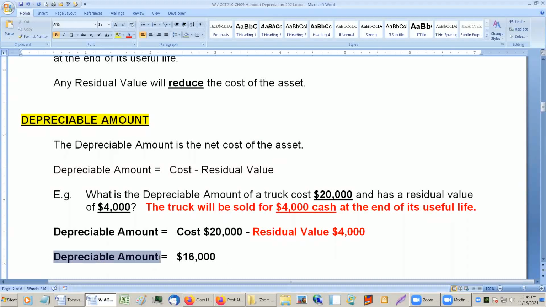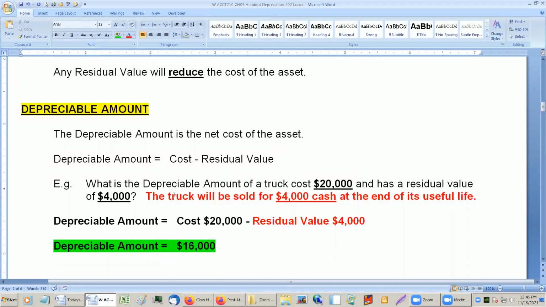So the real depreciation, the real amount that we're going to have to write off, is that. We're only going to be paying out 16,000. This truck is going to go from 20,000 down to 4. So we're really only reducing the value by 16,000.